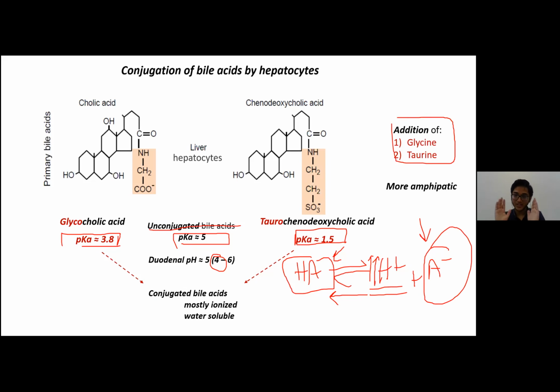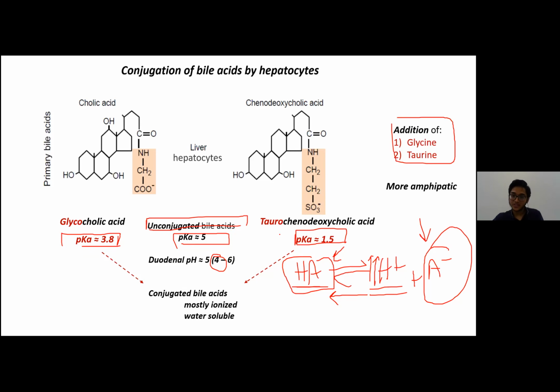This is what you need to know only. If pKa, pH, that's more biochemistry. You don't need to know that. If you understand it, it's good. But what you need to know, unconjugated bile acids have a high pKa. Because of that high pKa, they're in an unionized form in the duodenum. Because they're in an unionized form in the duodenum, they are lipid soluble or unionized or water insoluble.